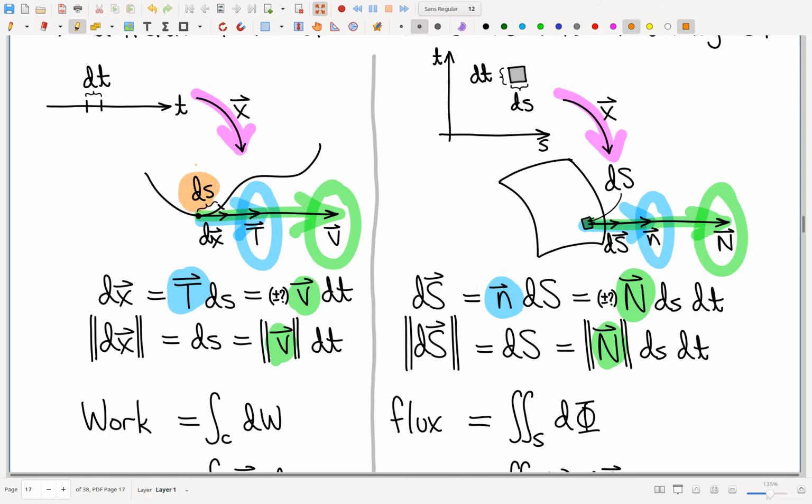The ds scalar over here in the line integral context means the size of that little piece of curve. Whereas over here we have a capital dS scalar. That represents the size of a piece of surface. Length versus area. Sure, geometrically different. Of course they are. But nevertheless, both representing size and both appearing exactly in the same places in these equations.